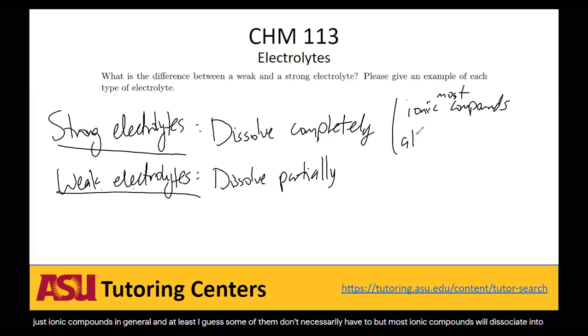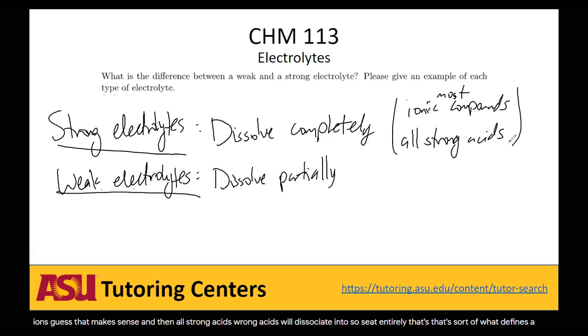And then all strong acids will dissociate entirely. That's what defines a strong acid. Remember, an acid, the way that we're thinking about it currently, and we will redefine it soon, is an ionic compound where hydrogen is the cation, okay?